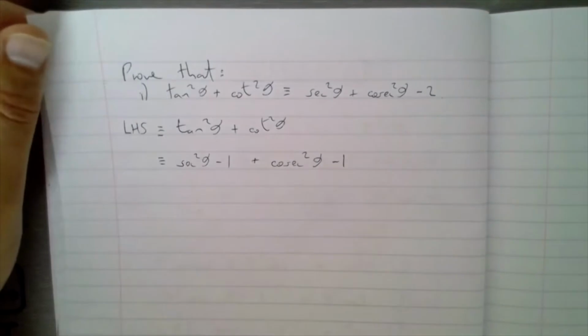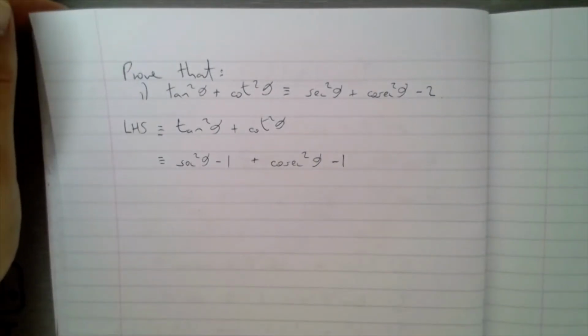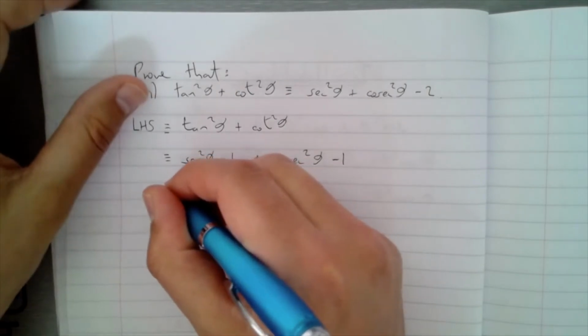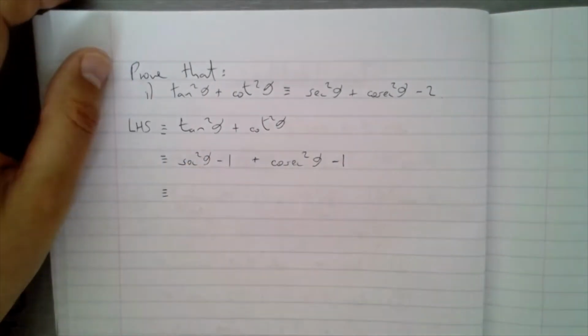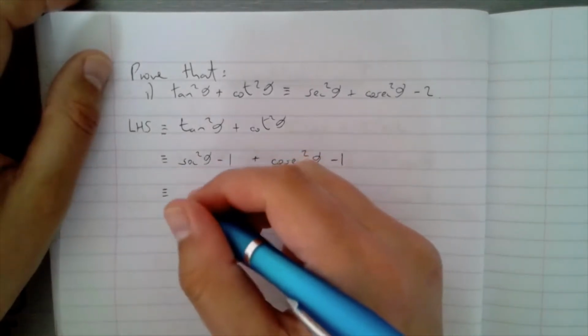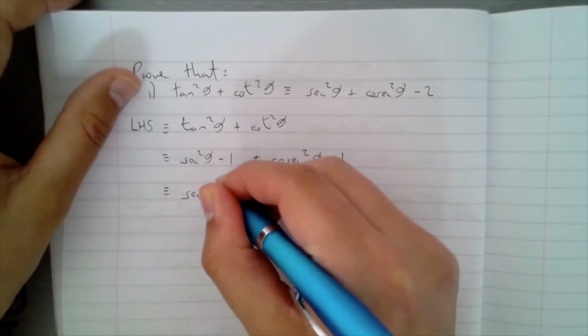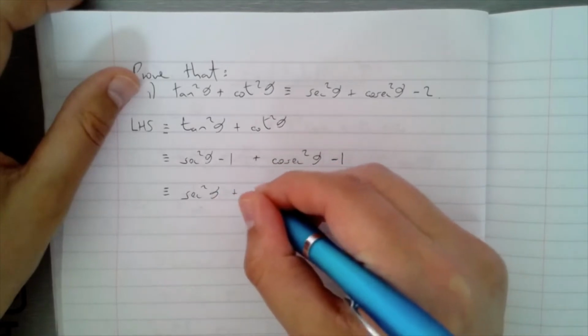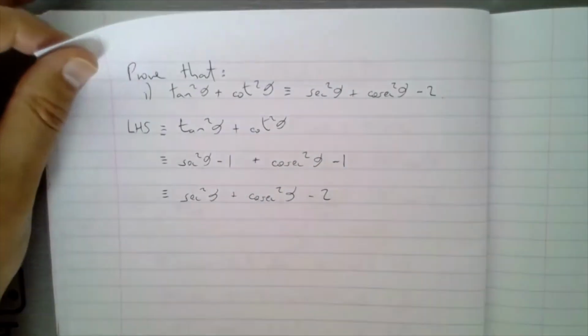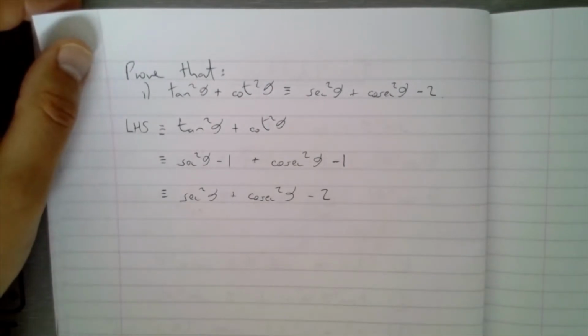I'll pause for a second in case you want to keep going with this. And hopefully you can see from there that we've got sec squared, we've got cosec squared, and we've got 2 minus 1s. So that's sec squared theta plus cosec squared theta take away 2. So a relatively straightforward one.